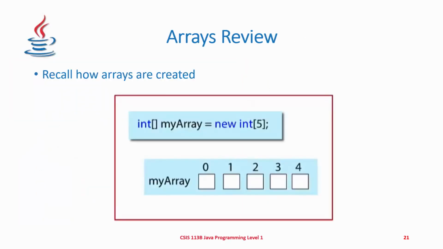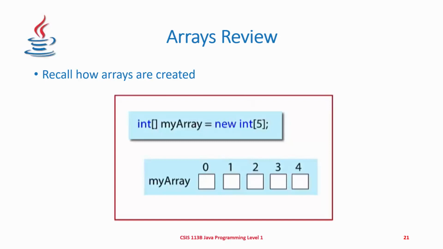So moving in a different direction now, we want to take a look at array objects. Before we get to that specifically, I'm just reminding you of how arrays work. Generally speaking, when we create an array, we put in one of the primitive types before the square brackets to indicate the type that the array is going to store.